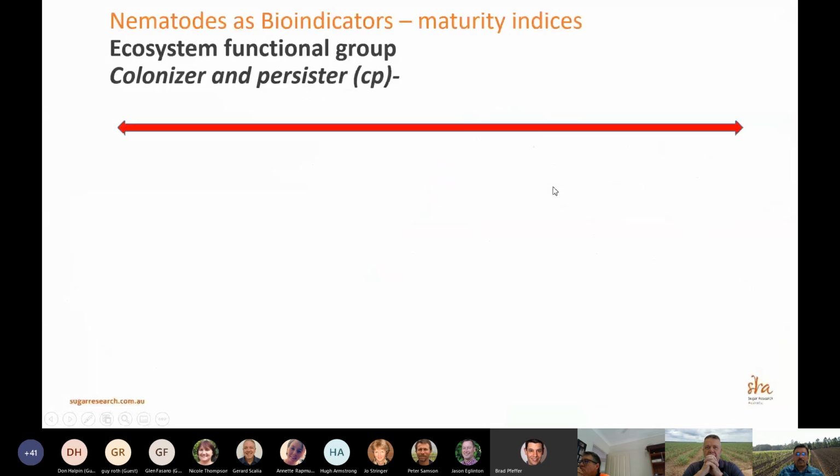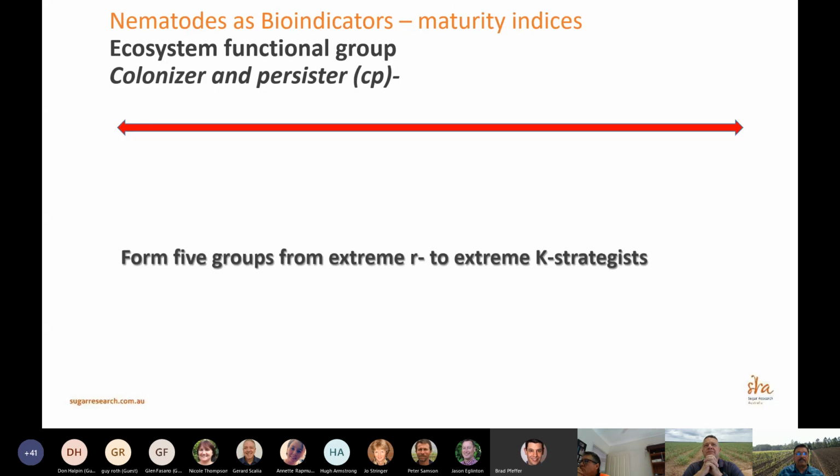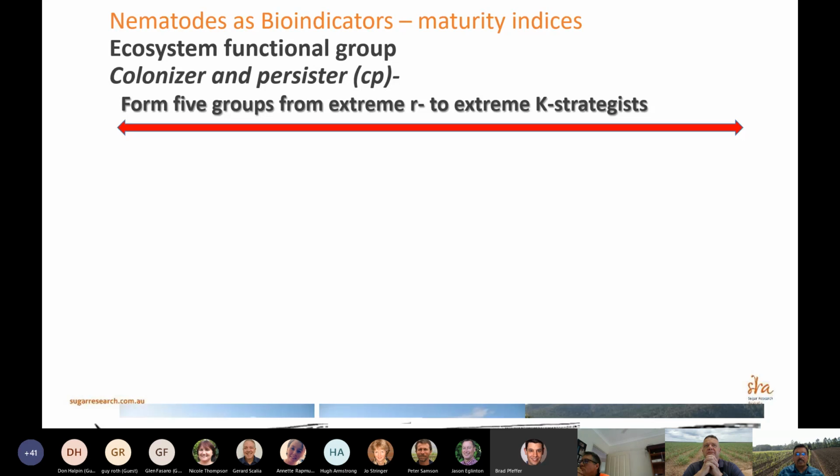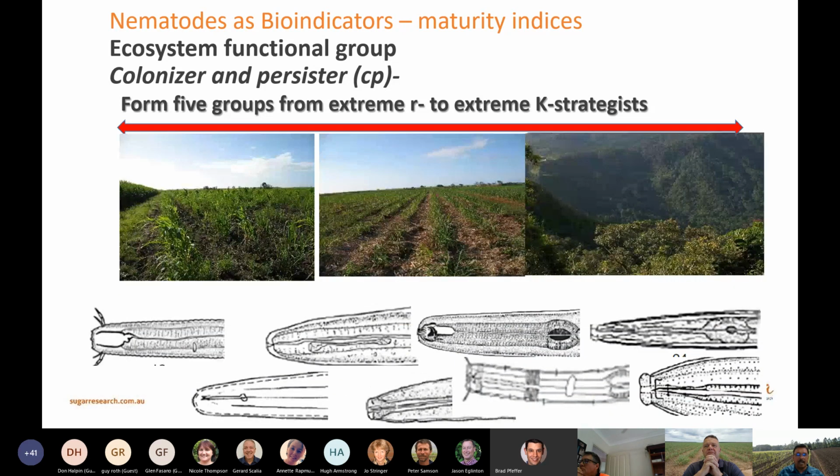As I mentioned, the nematode is a very good colonizer. They are almost everywhere. They are actually the most diverse community on earth.